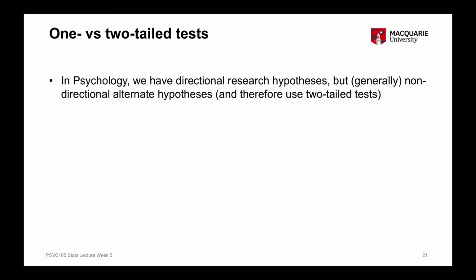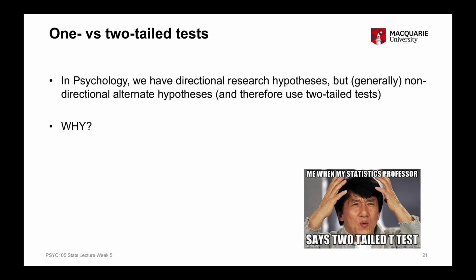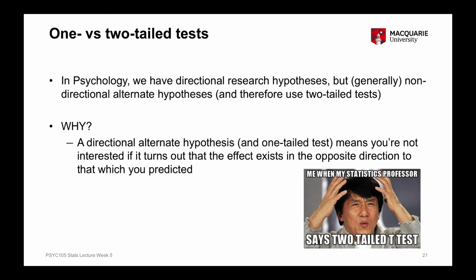But we tend to have non-directional alternate hypotheses, and therefore we use what's called two-tailed p-values, two-tailed tests. The reason for that is that if you use a directional alternate hypothesis and therefore a one-tailed test, it means that you're not interested if it turns out that there is an effect in the opposite direction to what you predicted.